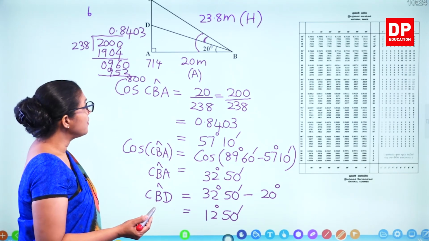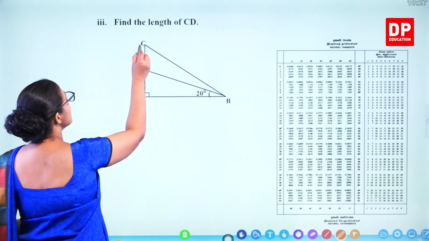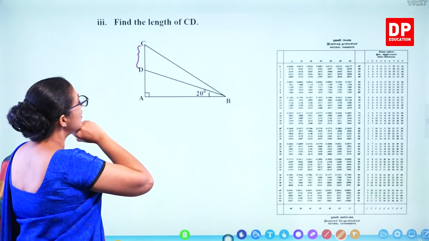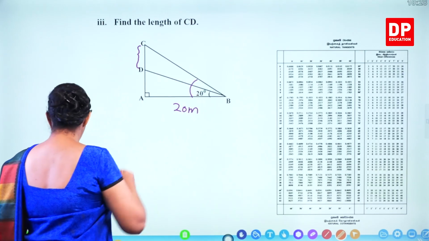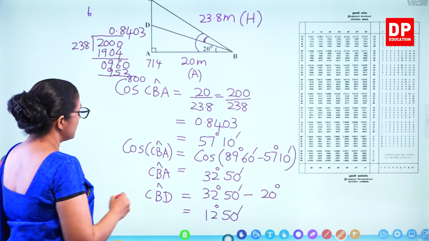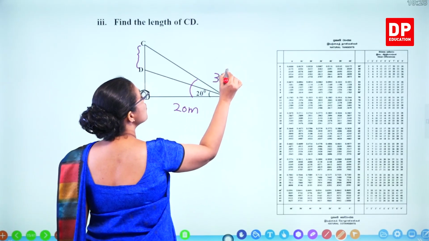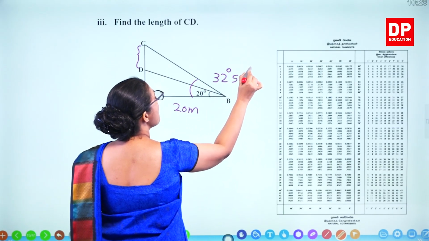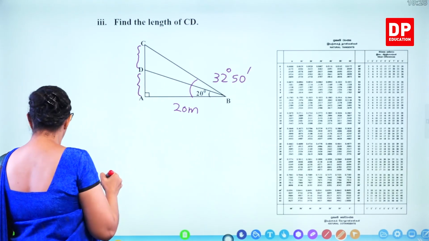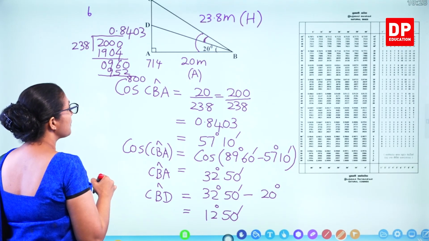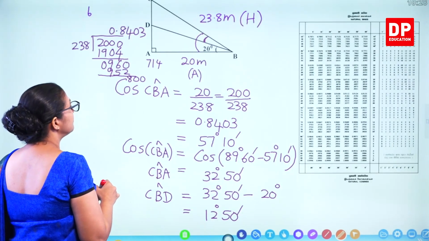And the next one, now find the length of CD, this length. We found before this angle, CBA, 32 degrees 50 minutes. And we found AD before, AD is 7.28.